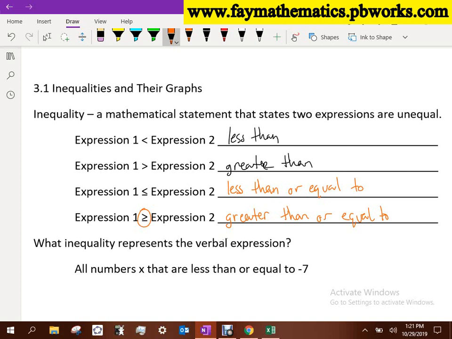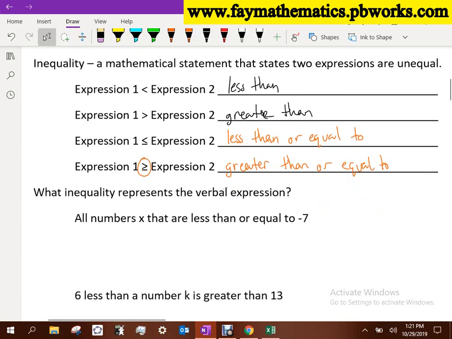Now, we talked about how we can reverse these, if we need to. But the idea here, guys, is that these are going to tell us how to compare numbers on a number line. When we get through some of these towards the end of today, if I have two numbers on a number line, I'm not even going to tell you what these numbers are.